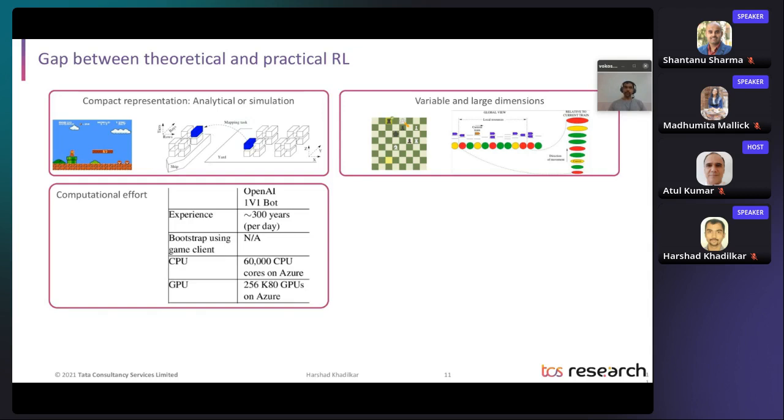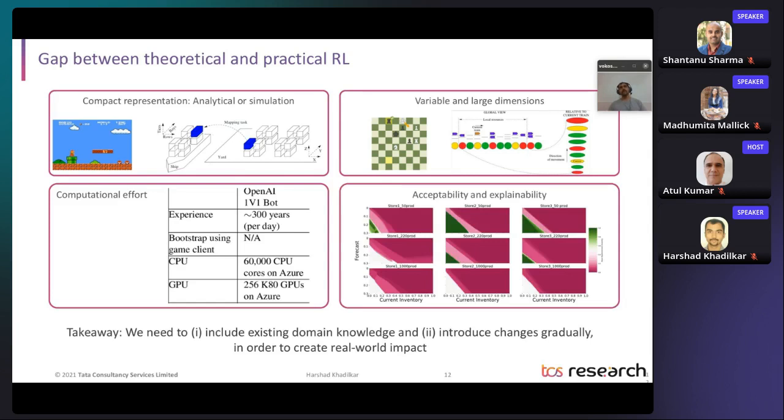We do not have access to unlimited computational resources, so we cannot use the kind of compute that very large firms, some of the famous papers in literature use. We have to use reasonably small compute, and any results that we produce have to be acceptable and explainable so that the person who is using these results can actually trust the algorithm.